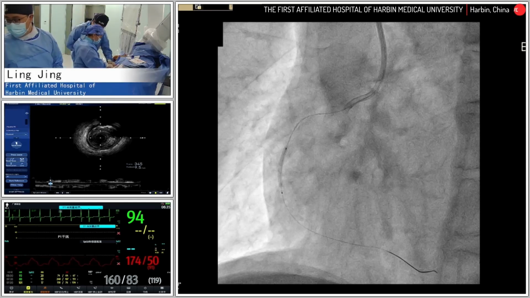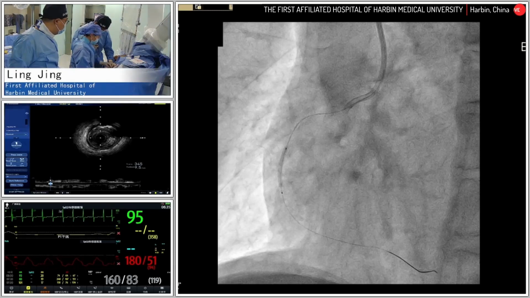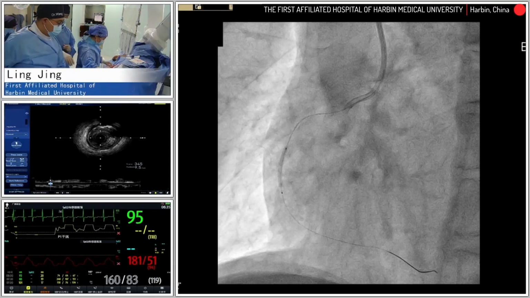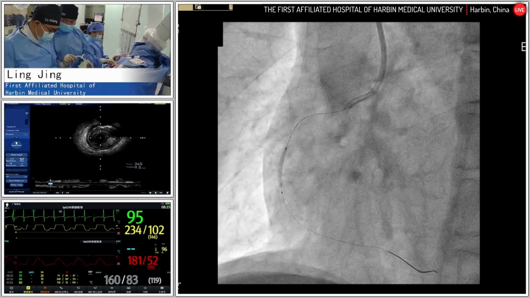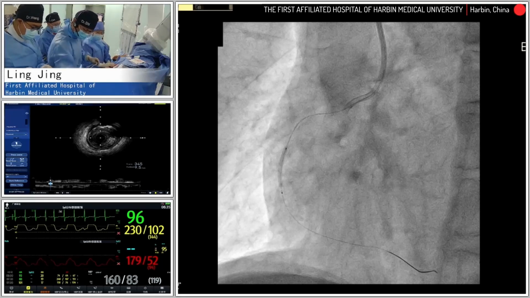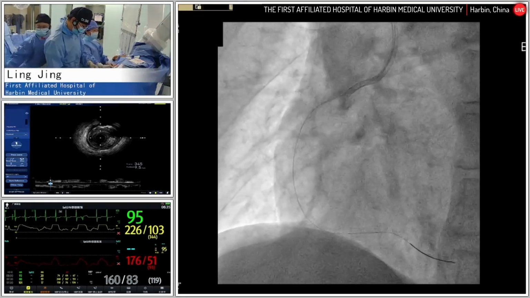Okay, this is the Caravelle microcatheter. It has very good crossability and also a small caliber, so it's a good potential choice for this one. So thank you for your questions.